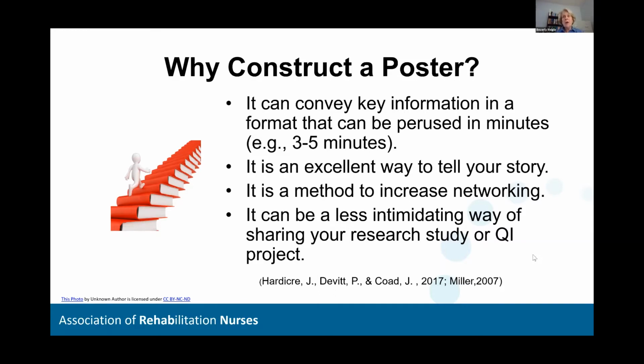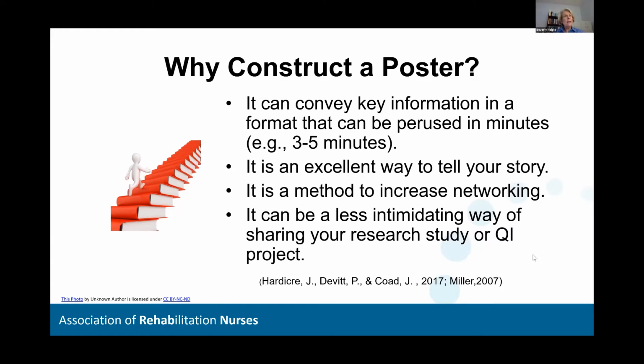I find that networking is one of the most positive pieces at conferences or conventions. And when you're doing a poster, you have people coming up to you. They may be researchers, or they may be doing a quality improvement project just like you did, or similar to what you did, or they may be interested in doing something like you have conducted.